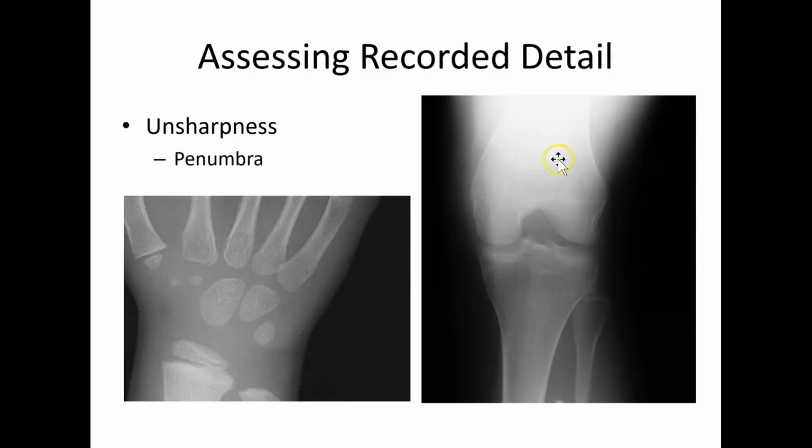And in fact, if you think about what projection this is, the tunnel view of the knee, you remember that the femur or the leg is flexed. And so you're going through a greater thickness of the femur up here, so we're not actually getting full penetration, and therefore we're not able to see the detail as well as we might otherwise. So the image on your right is showing fair resolution on the tib fib, but not so great on the femur.